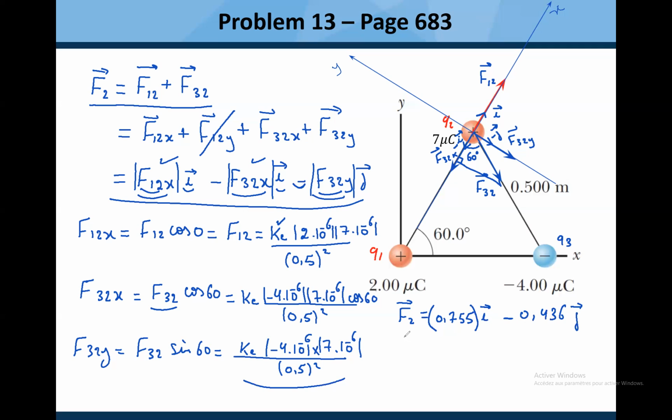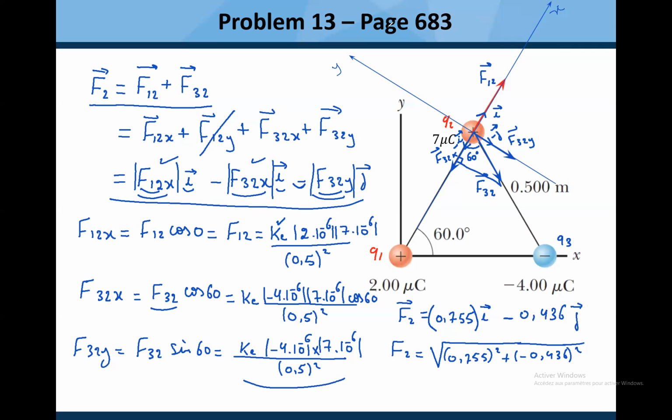Okay, we can calculate the magnitude. The magnitude of F2 equals the square root of the x component squared plus the y component squared.